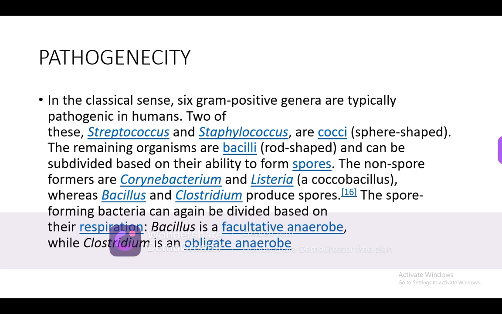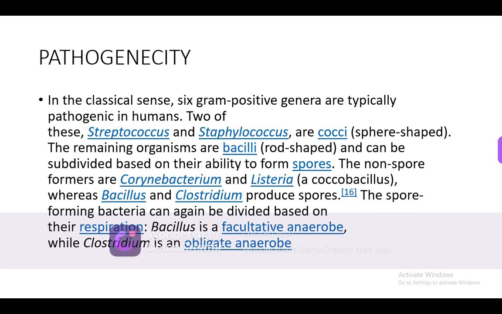The non-spore formers are Corynebacterium and Listeria monocytogenes. Bacillus anthracis and Clostridium produce spores. In this way they are distinguished in culturing.